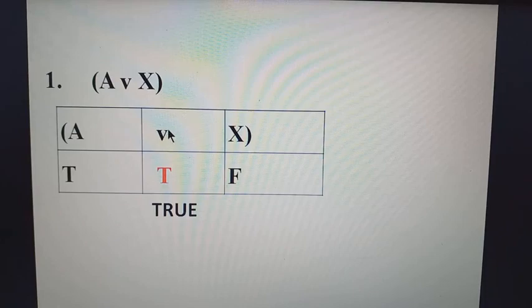Remember, a disjunction is false when both disjuncts are false. It is only when A, the first disjunct, is false, and then X, the second disjunct, is false, that this will be false. So both disjuncts are not false. For that reason, the logical connective here is true. So the entire expression A wedge X is therefore what? True.